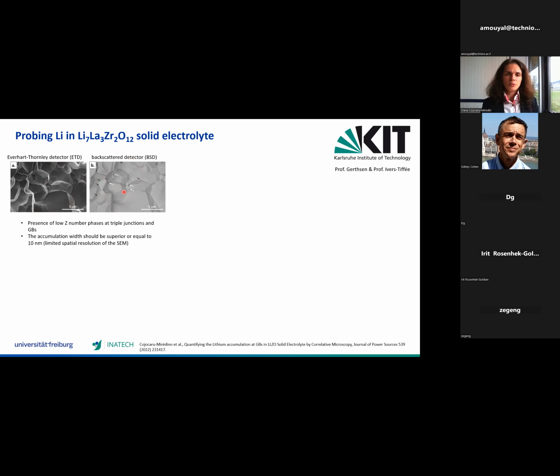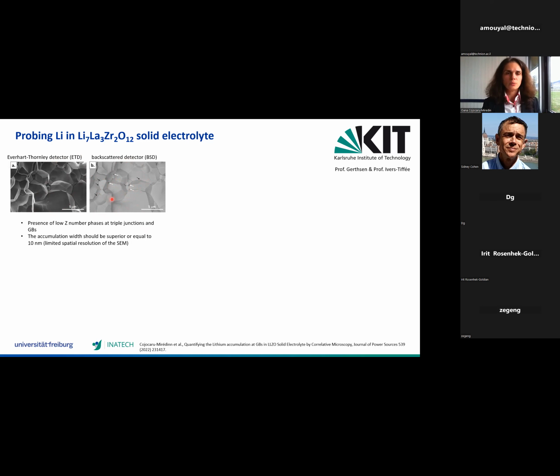And what we saw by using the backscatter detector is that at the grain boundary position, and specifically at the triple points, there are really dark regions. And we know that a change in the contrast with the backscatter detector also means a change in composition.